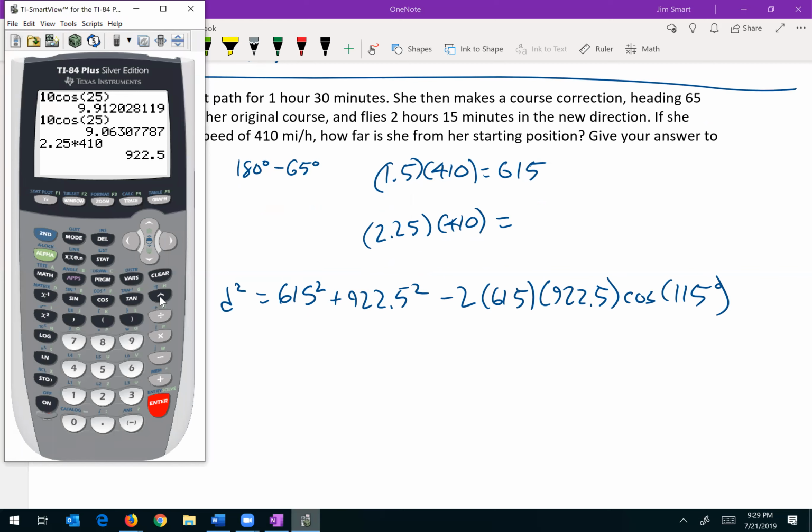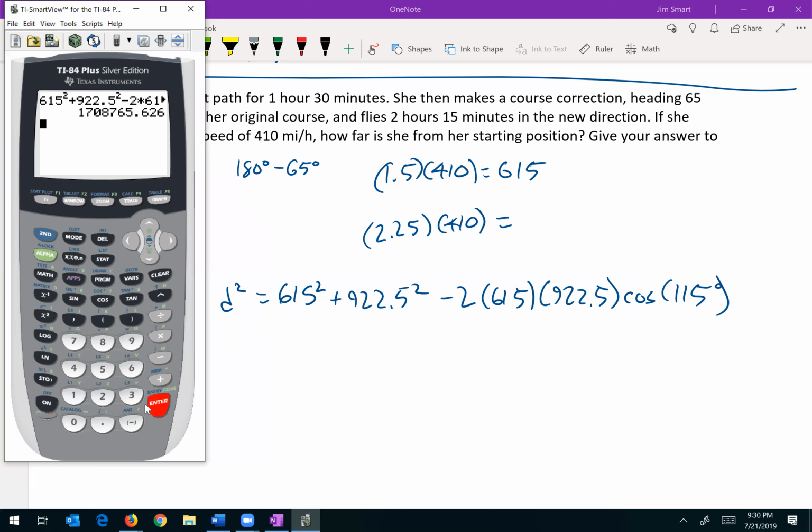So let's go ahead and do that. 615 squared plus 922.5 squared minus 2 times 615 times 922.5 times cosine of 115 degrees.